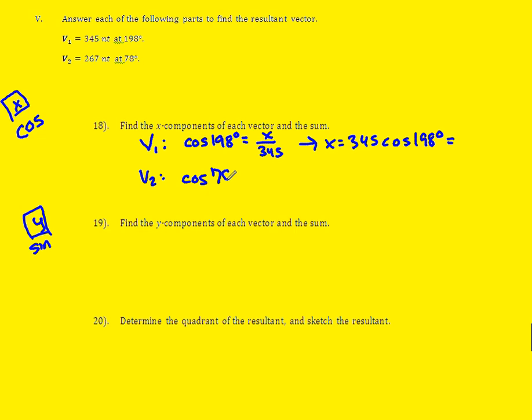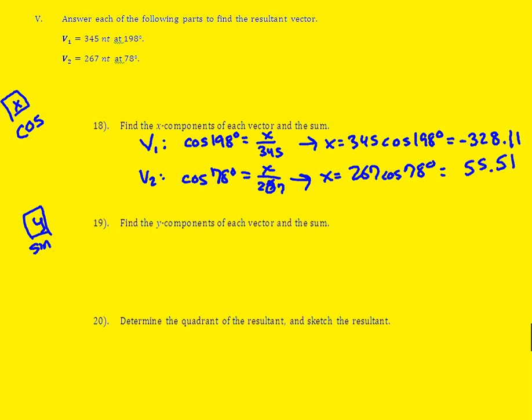Cosine of 78 degrees in this case will equal x over the, I'm sorry, not the resultant, the distance, the magnitude, x over 267. That means x equals 267 cosine of 78 degrees. So when I plug these into my calculator, for vector 1 I should get negative 328.11. And for the second one, I should get 55.51.